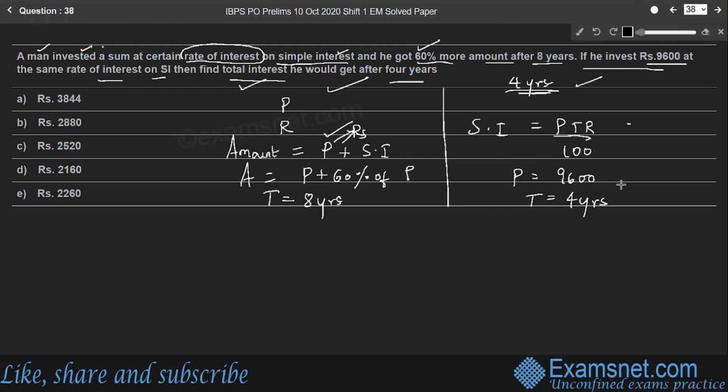So for the investment of 9,600 rupees, he would get the simple interest after 4 years. And what is the rate of interest? In the first case, we have to find the rate of interest. So based on these three values, PTR by 100, finally we have to find the simple interest you would get after 4 years.